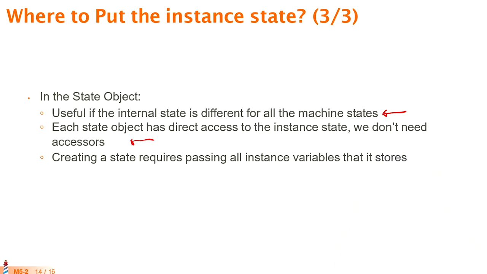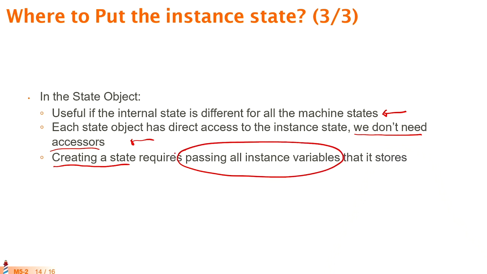We don't need to use messages or send accessors to the coffee machine. But it has the consequence that every time that we change a state, that we create a new state and assign it to the coffee machine, we need to pass all instance variables to it, and we have to pass the state from one state object to the next one.